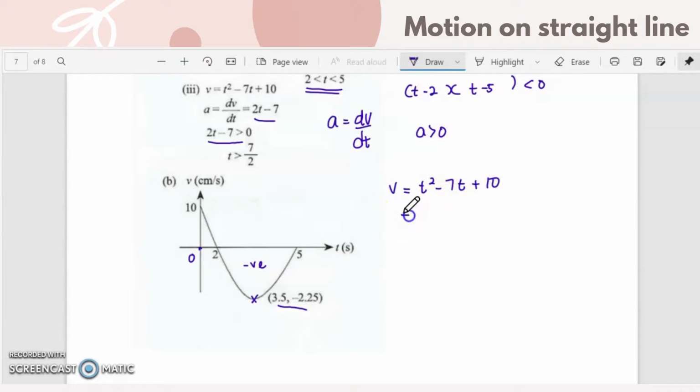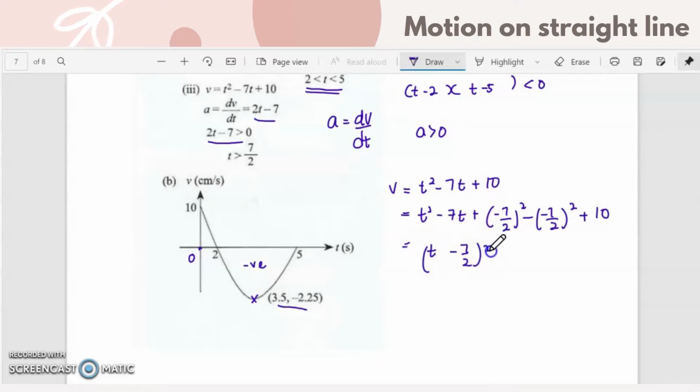So t squared minus 7t plus (negative 7 over 2) squared minus (negative 7 over 2) squared plus 10. From this part, t minus 7 over 2, which is 3.5, and then we get negative 2.25.